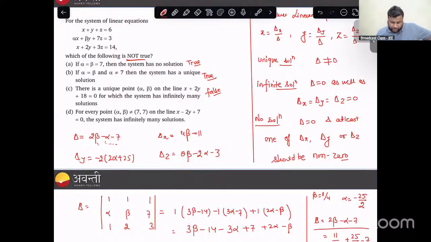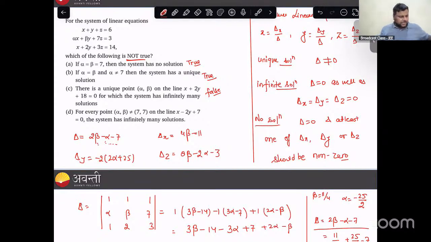For every point, there is a unique point alpha beta on this line for which the system has infinitely many solutions.